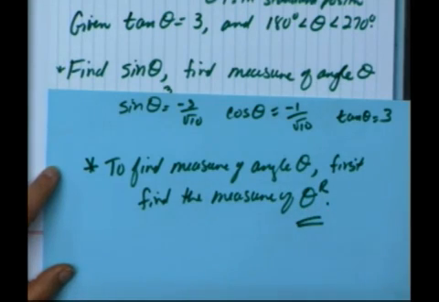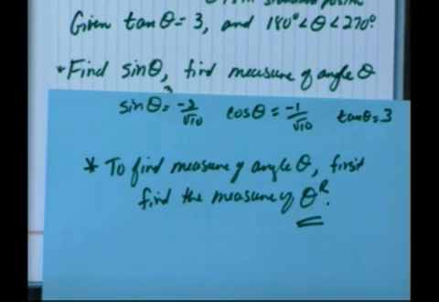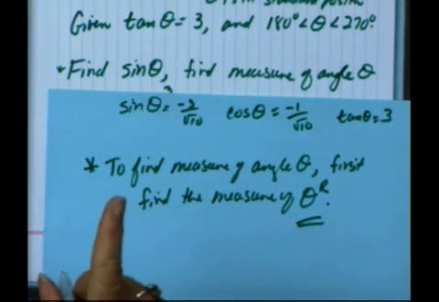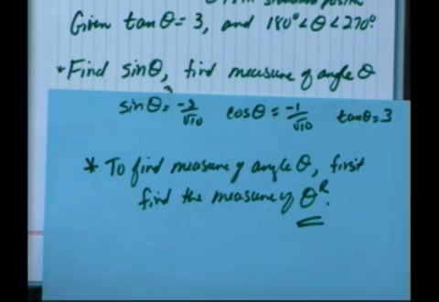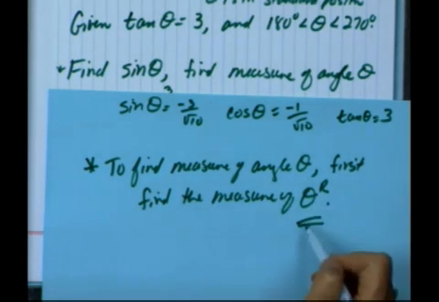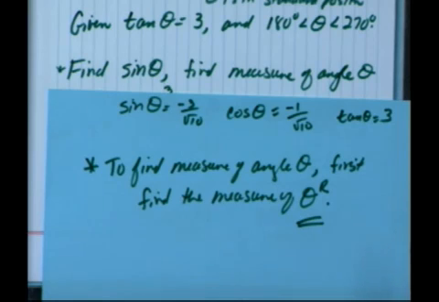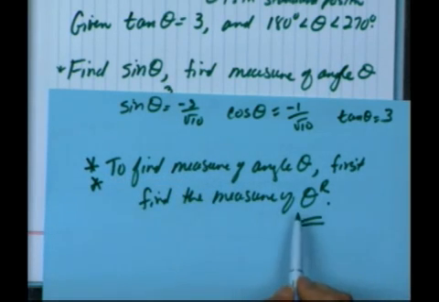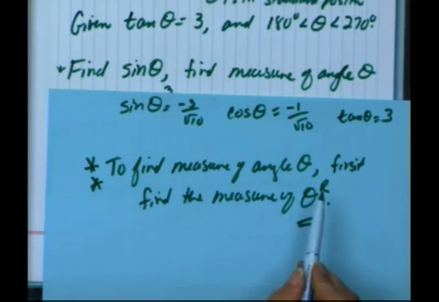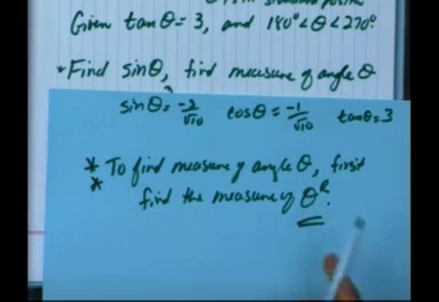This is going to be very important because the inverse trig function we're using, we just want it to give us an angle between 0 and 90, and that will be the measure of the reference angle. Then once we know the measure of the reference angle, we'll be able to find the measure of the big angle. So first thing we want to do is find theta reference, the reference angle.